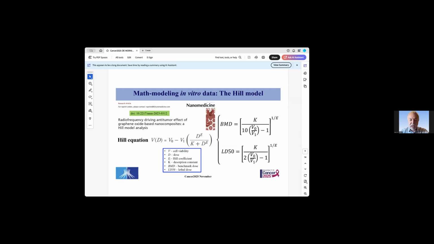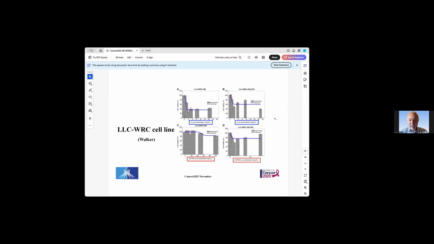Then we can extract important parameters like the benchmark dose, BMD, and the lethal dose 50, LD50, as long as you fit the data and extract parameters like K, V0, and V1, which are scale parameters, and very importantly, the Hill coefficient.